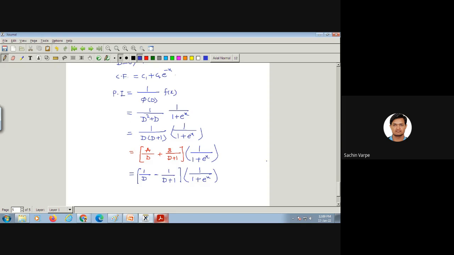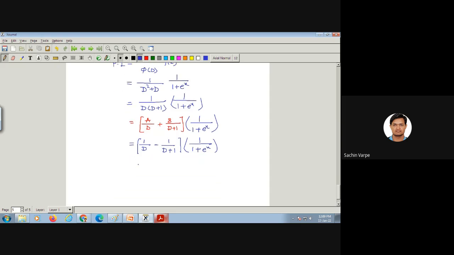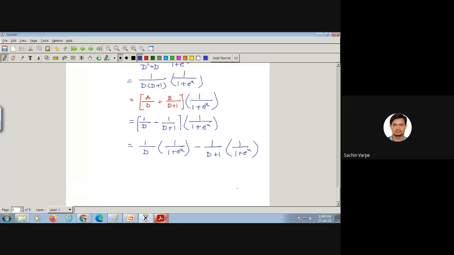I hope everyone knows partial fractions. So multiplying by f of x inside, 1 upon D of 1 upon 1 plus e raised to x, plus minus 1 upon D plus 1 of 1 upon 1 plus e raised to x. Okay, so 1 upon D means what?